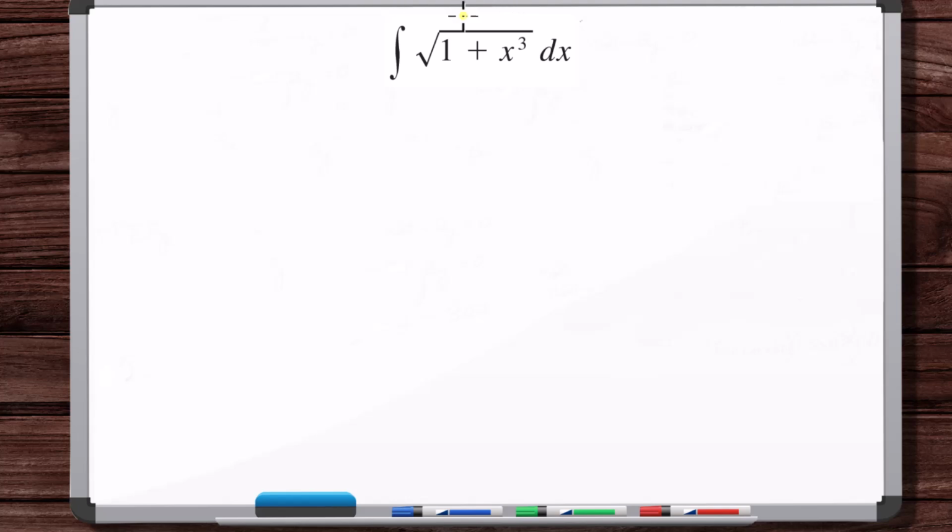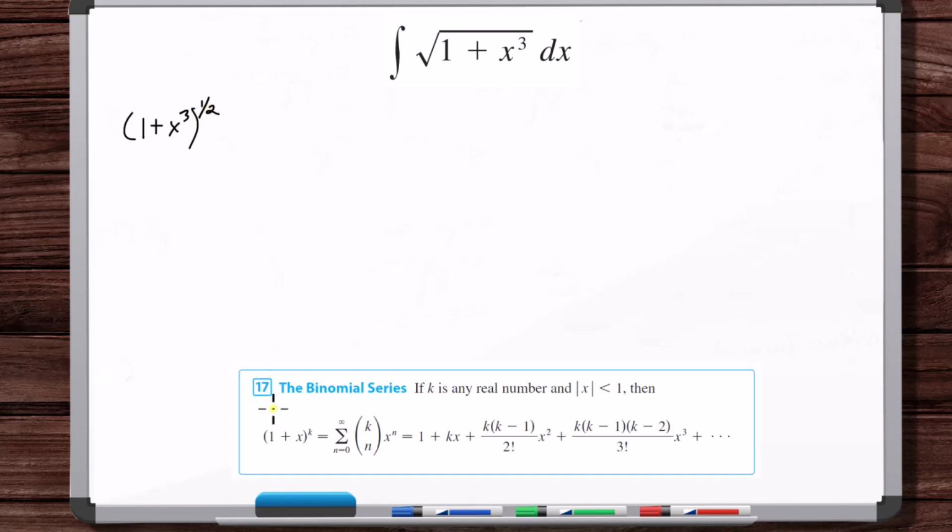This has the form of a binomial series. So if we write this as 1 plus x cubed to the 1/2, then we see that this has the form of the binomial series with the variable x cubed and k equal to 1/2.